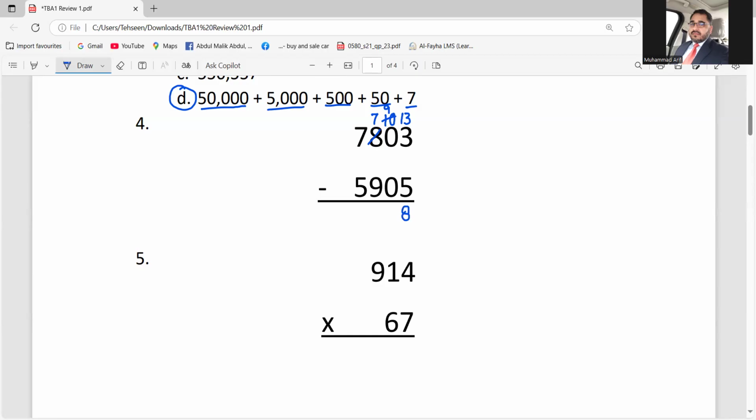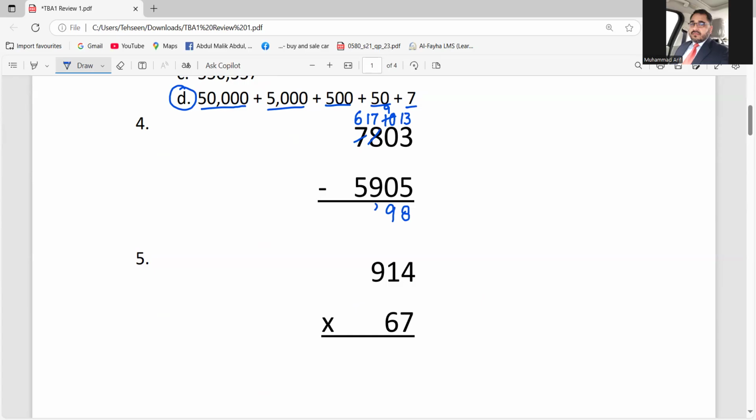Here 9. 9 minus 0, 9. Now here in the third digit, the number up is 7 and down is 9. The number up is small. That's why we need one borrow from this 7. Now this is not 7. Here will be 6 and one borrow here with this 7. Okay, this will be 17.